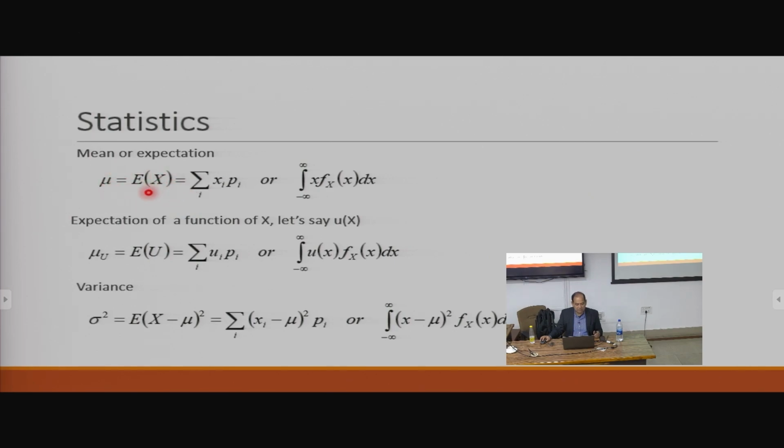Mean is E of x, where for discrete distributions you just multiply the probabilities with the realization, sum it together, or you can do the integral this way: x times f of x, which is the PDF of the distribution, and then you find means like that. Often we have to find means of functions of random variables, right?